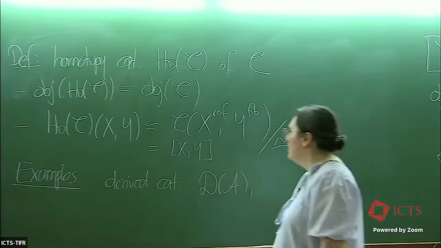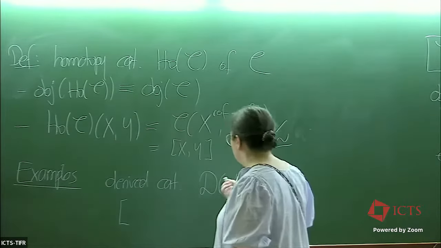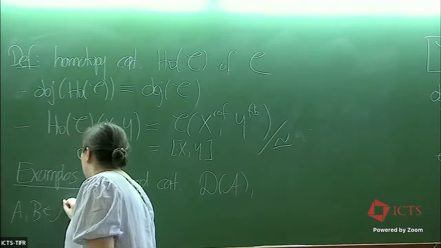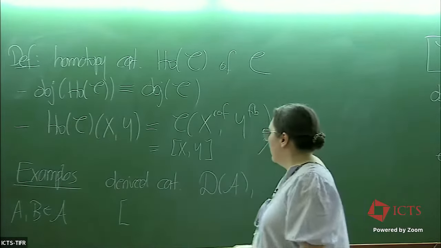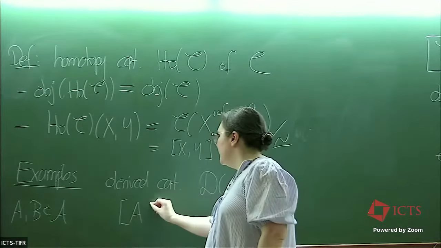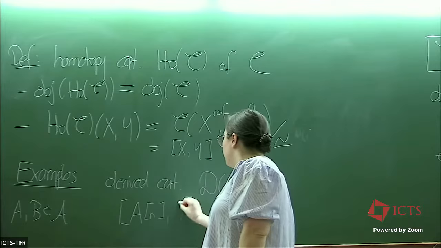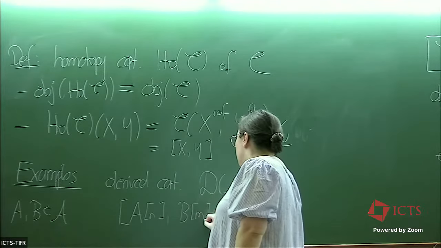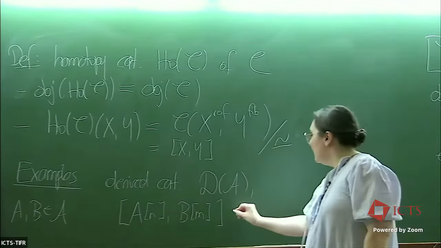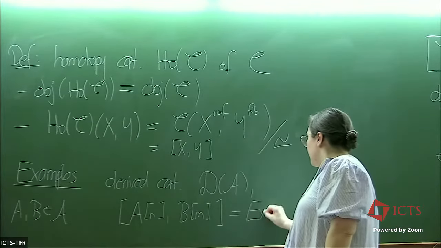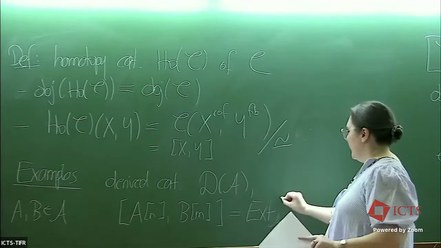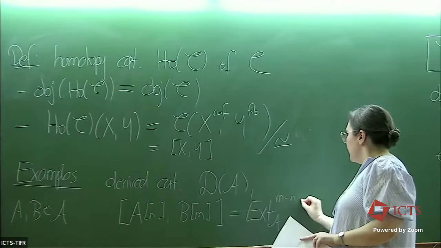So in here, if you take just, let's say, A and B in A, and you take a chain complex that is just A concentrated in degree n and B concentrated in degree m, and you look at morphisms of that in the homotopy category, then this turns out to be an Ext group. And now I have to look at the indices. Oh, yes, I do. It's Ext^(m-n).